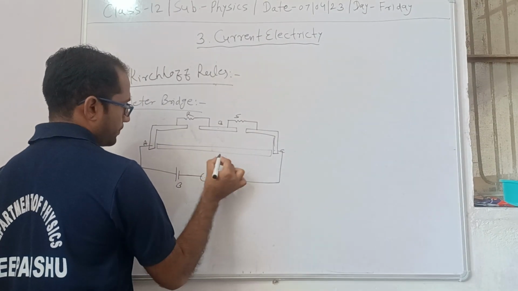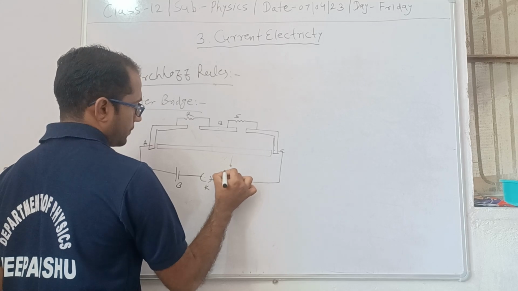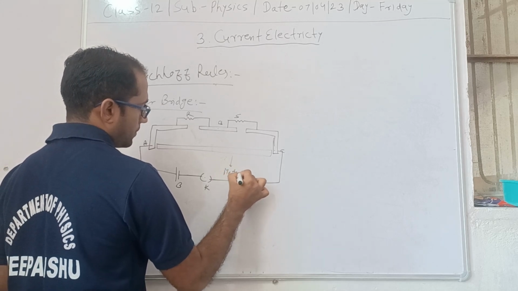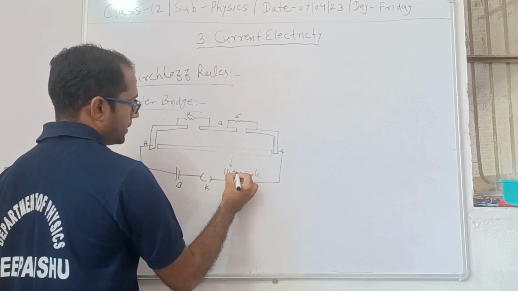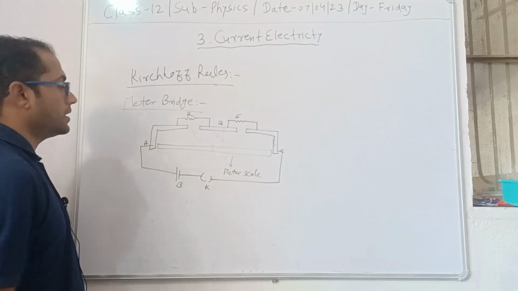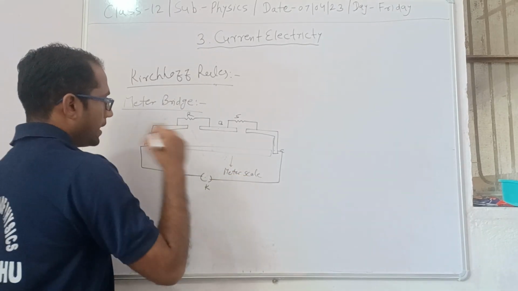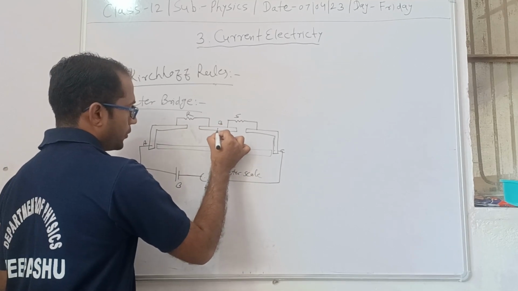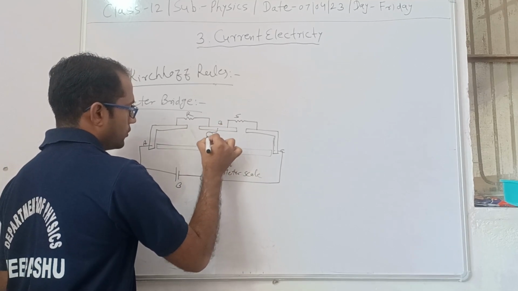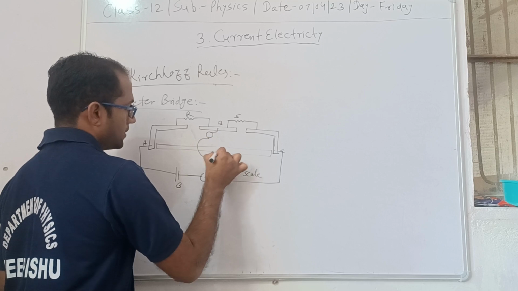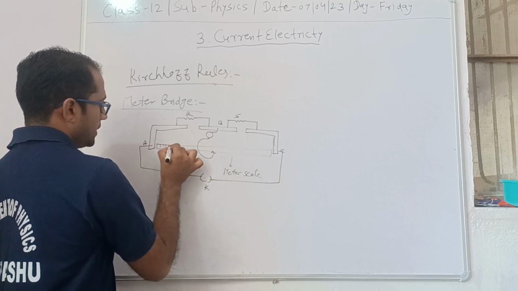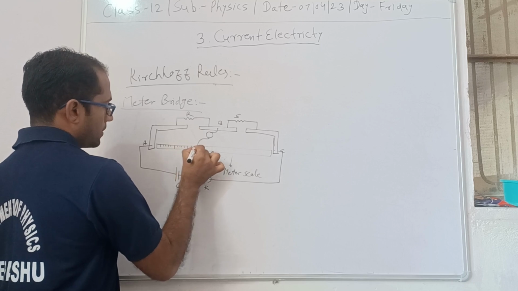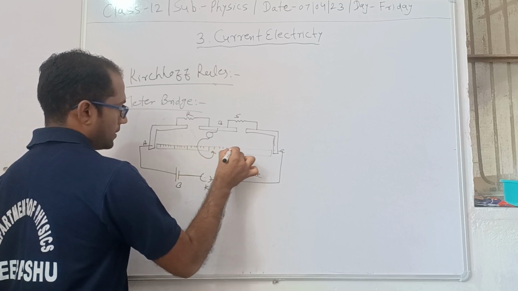We use a meter scale in this experiment. So basically this is why it is named meter bridge. To point B we connect a galvanometer, and this galvanometer is connected to a jockey, and this jockey is put on the meter scale.